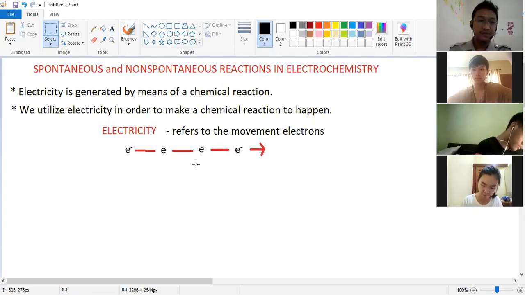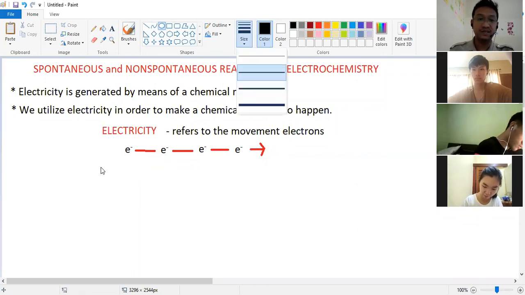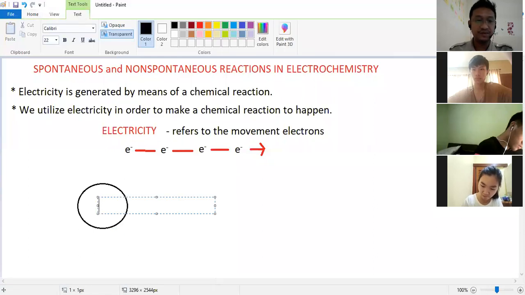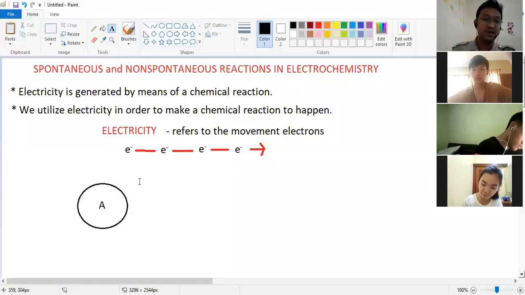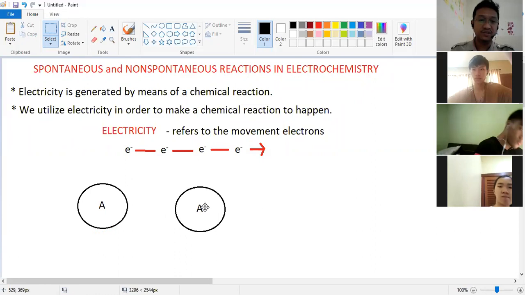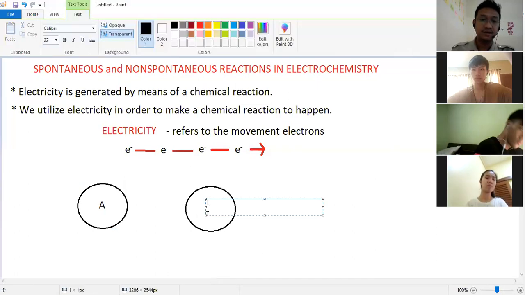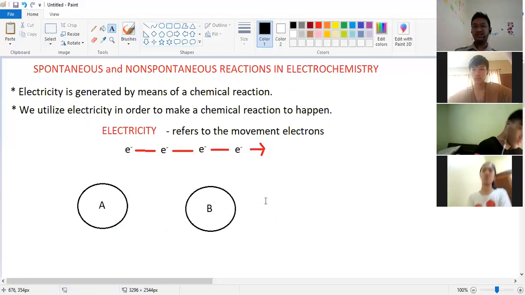An example of that is this picture. For instance, let's say we are given two substances. This is our first substance, which we call substance A. Then let's say the other substance is substance B. If they are only like this, slightly apart, nothing happens.